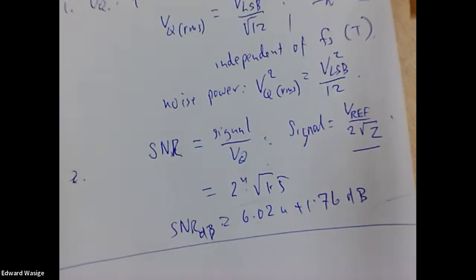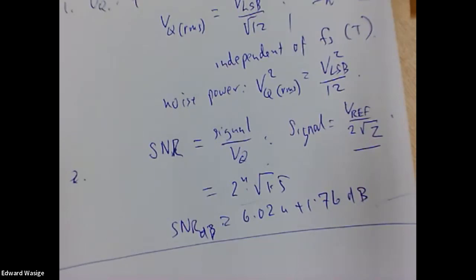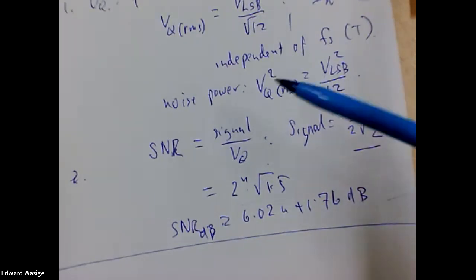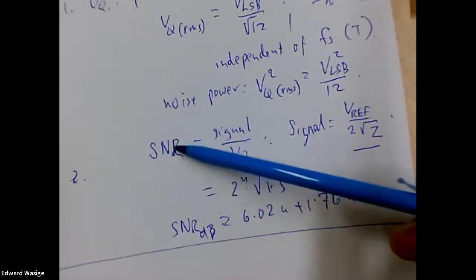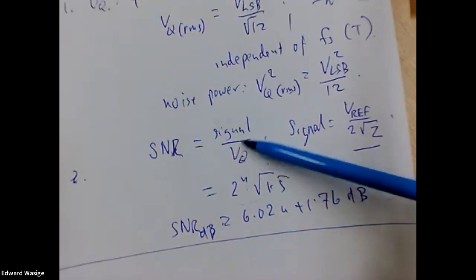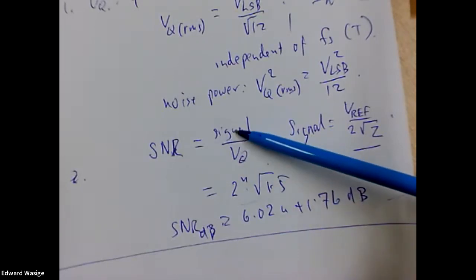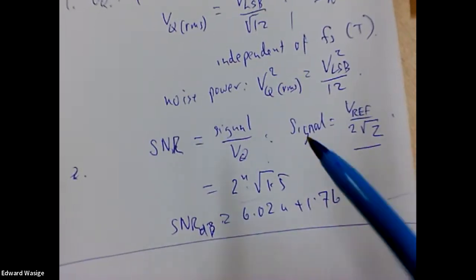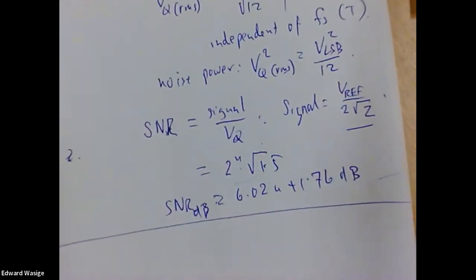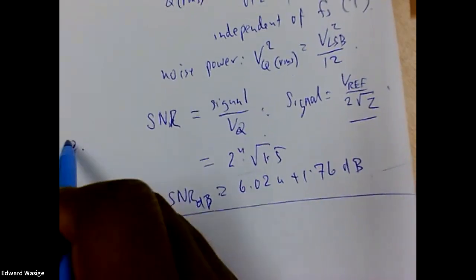So the signal to noise ratio is a figure of merit we can use for analog to digital converters to see how good the converter is. The bigger the value, that means your noise level is lower compared to the signal level, and that would be a better ADC.